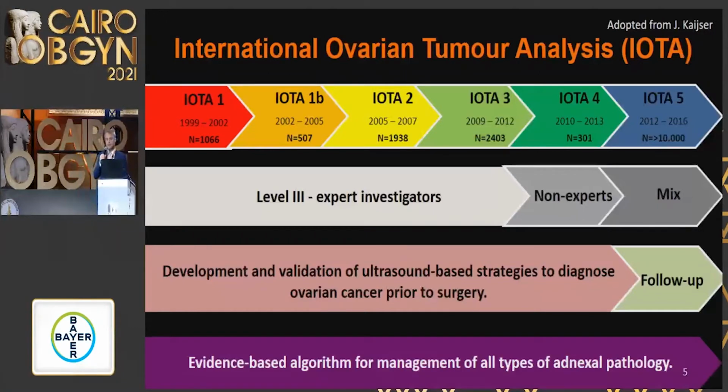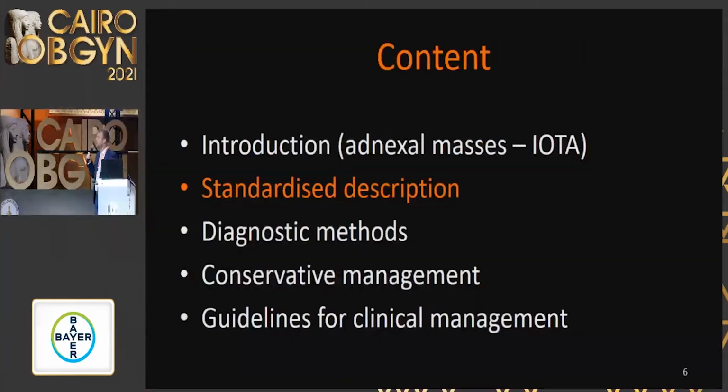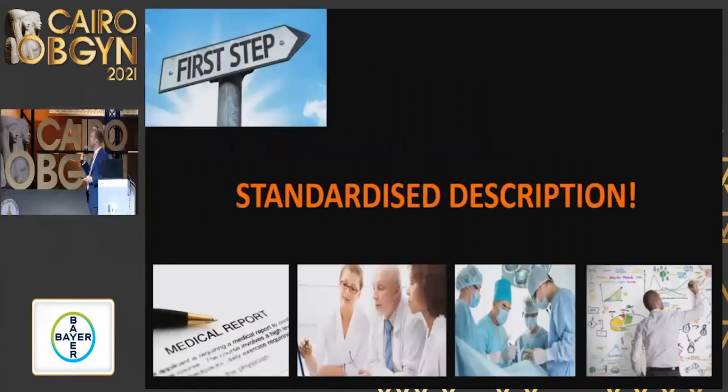But before we start to do any study or to do any ultrasounds and to use simple rules or the IOTA ADNEX model to improve your diagnostics, it is very important that everybody involved is using the same language, the same terminology, the same descriptions, the same measurement techniques to report the findings.